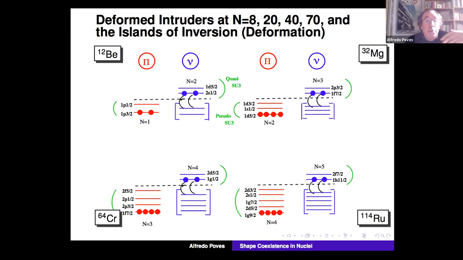So you, in principle, lose energy. But then these open-shell configurations, if they are extremely correlated, can gain a lot of correlation energy. And in some cases, like in chromium 64, this is enough to make the deformed solutions yrast. And this is how you make these islands of inversion out of this competition between intruder deformed states and normal filling states.